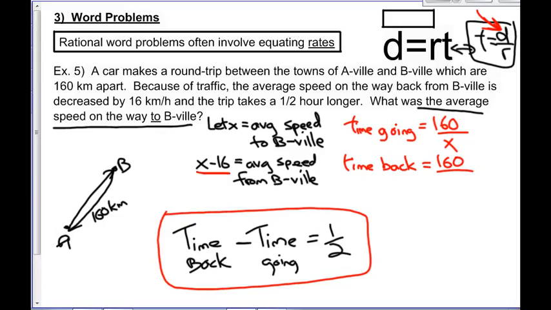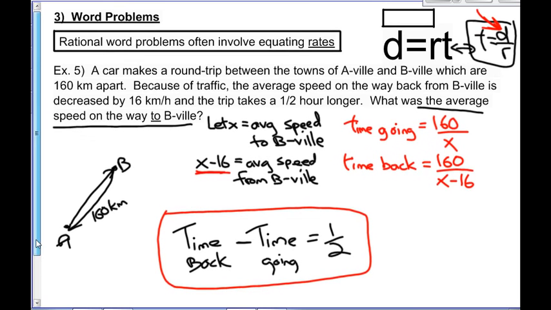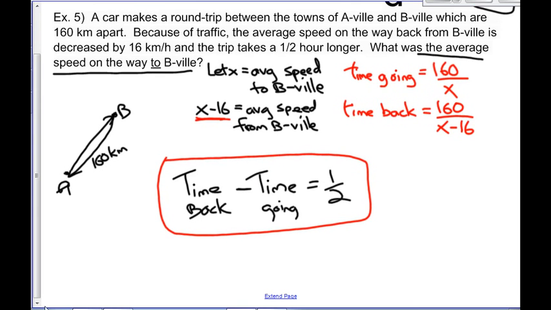And the new rate on the way back is x minus 16. Now we're ready to set up an equation. So time coming back minus time going is 1/2. Once we've got the equation set up, the rest is going to fall into place.